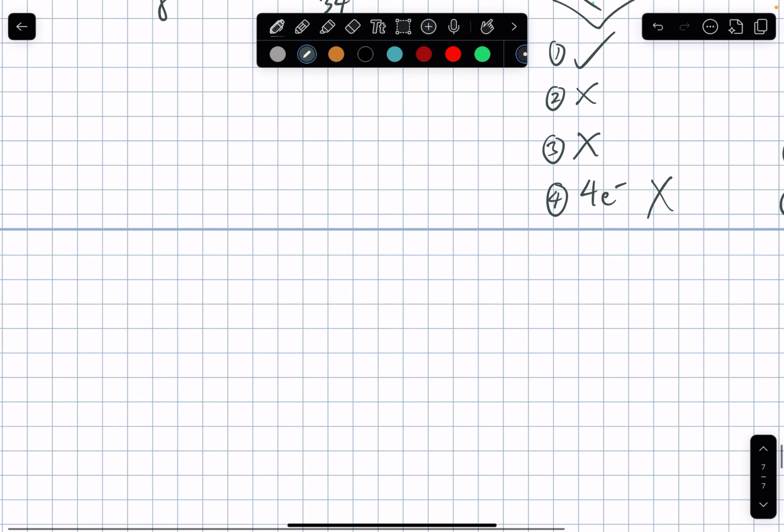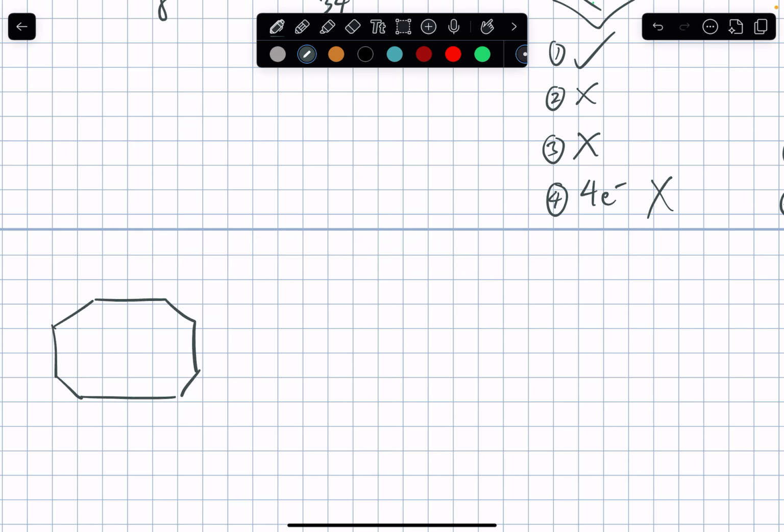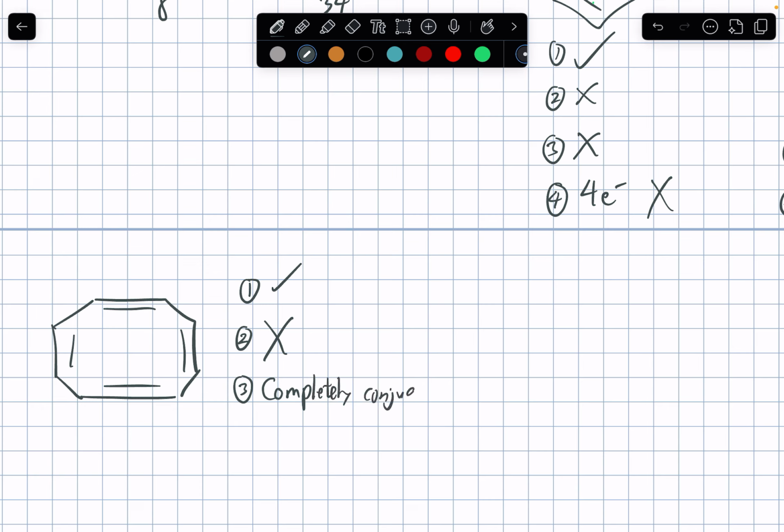Let's try this example. So this is cyclooctatetraene. Is it cyclic? It is. It is not planar, and it happens to be completely conjugated. Does it follow Huckel's rule? 1, 2, 3, 4, 5, 6, 7, 8.